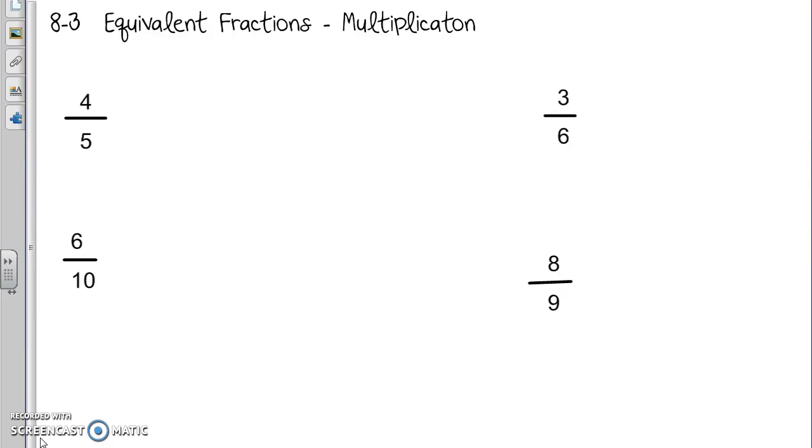Now, there are an infinite number of possibilities. But I'd like you to multiply by 2 or 3 to find the answer, because I'm going to give you sample answers for either multiplying by 2/2 or 3/3. So use 2 or 3 as your multiplication. Okay? Good luck. Pause the video and see if you get them right.